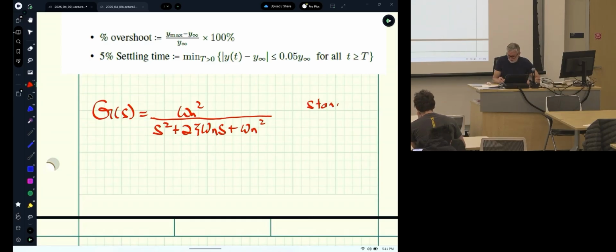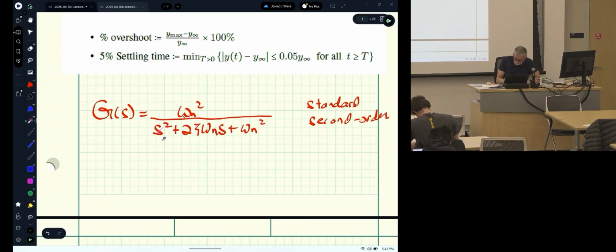What makes it standard? Well, if you plug in s equals 0, so these things go away, you have omega n squared over omega n squared, and you get 1. So it's normalized to 1. That's part of the word standard.